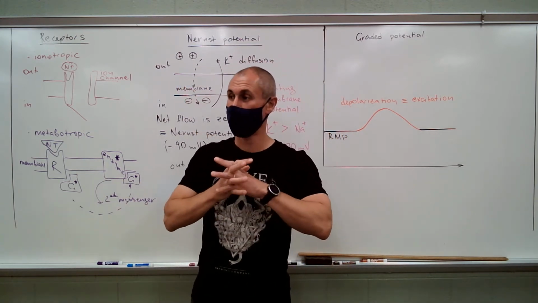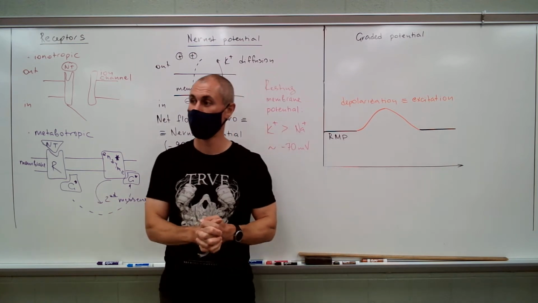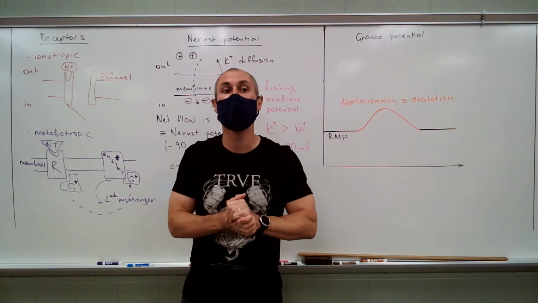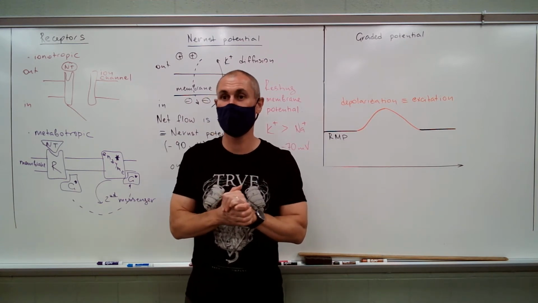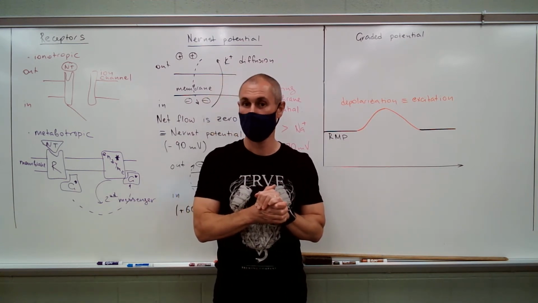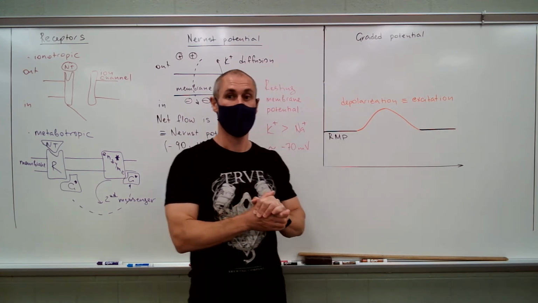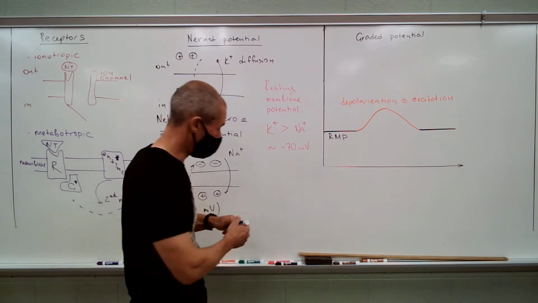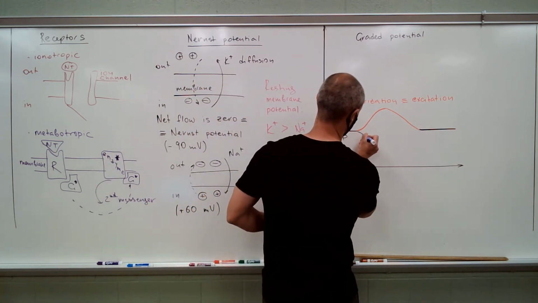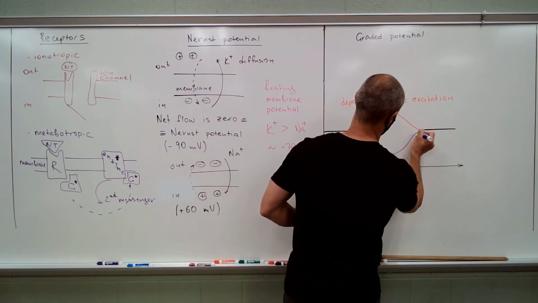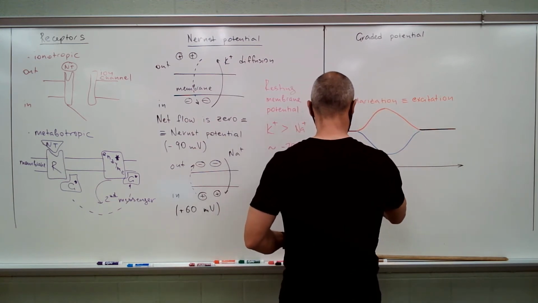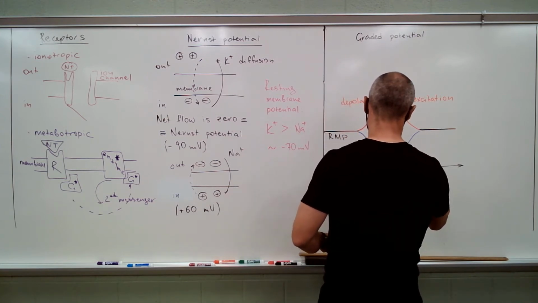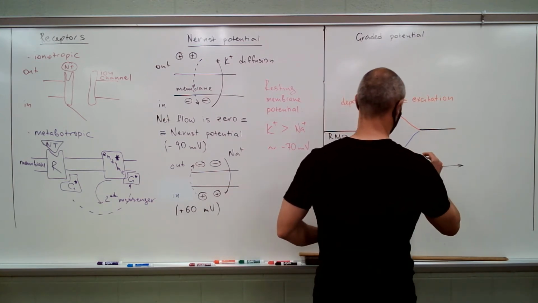What if the neurotransmitter that bound to the receptor opens chloride channels? Where does chloride go? Chloride goes from out to in. It's charged negatively, so the cell becomes more negative. This is called hyperpolarization, and this is equivalent to inhibition.